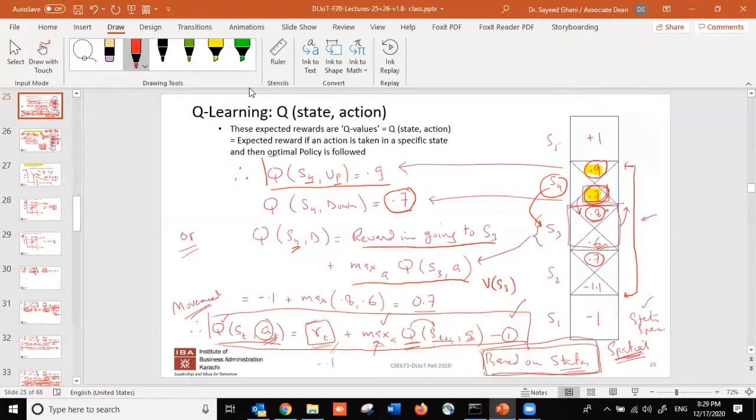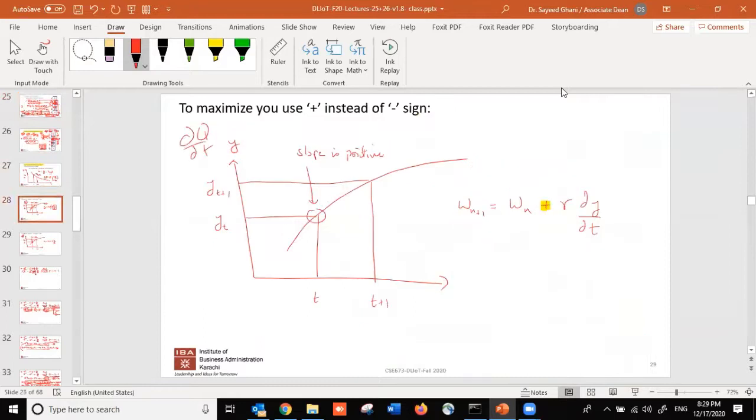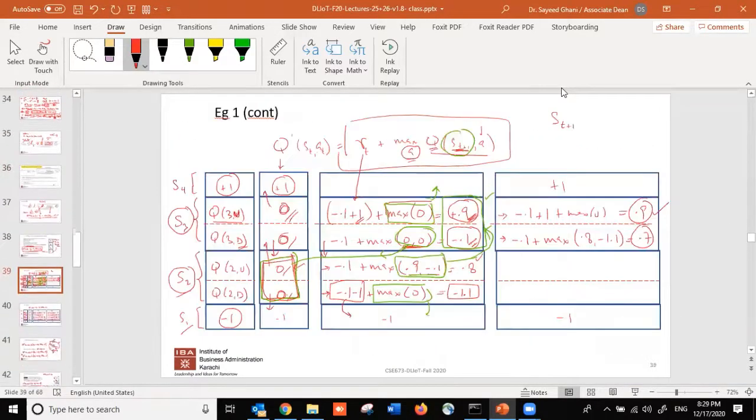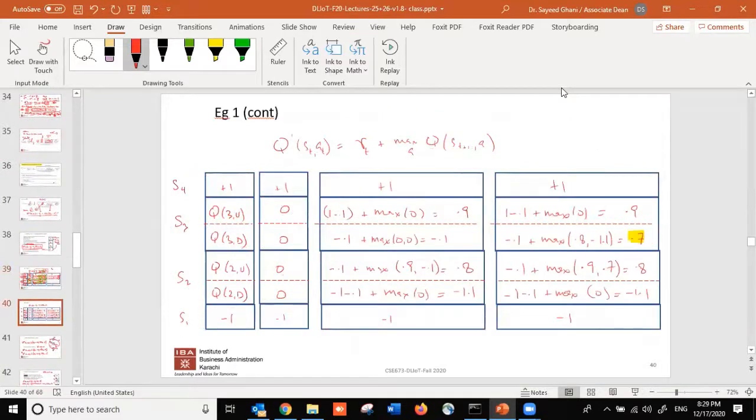Remember, this was a different example, but we got 0.7 over here, 0.9 over here, and 0.8 over here. So this looks very similar to that. It's a slightly different example with fewer states, but the results are more or less the same.